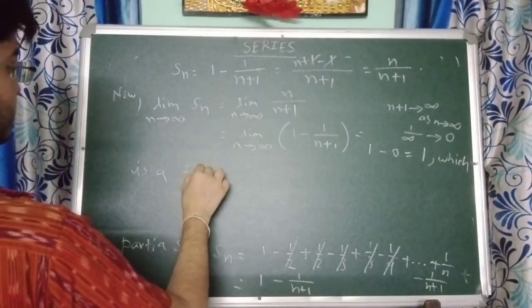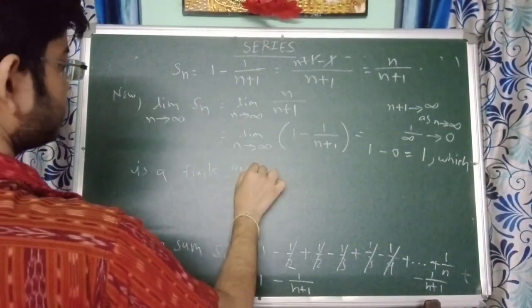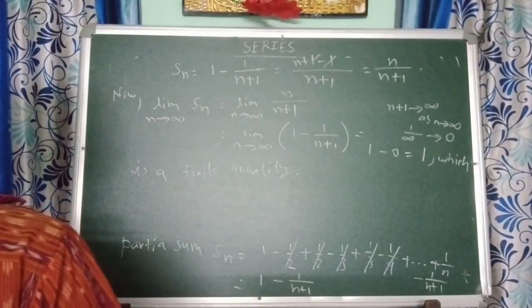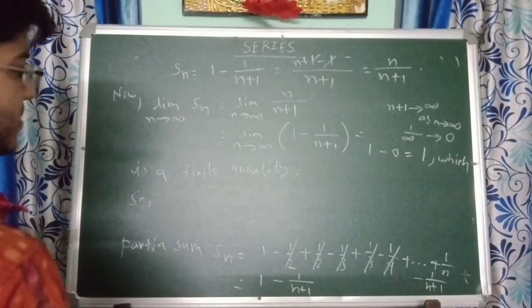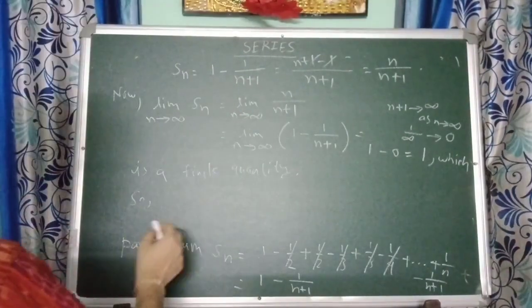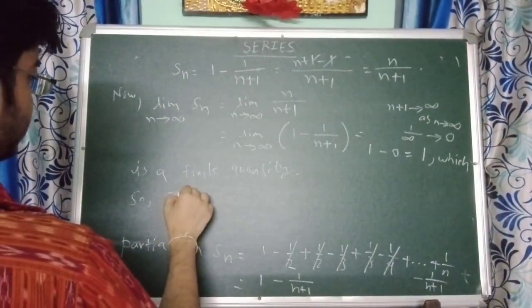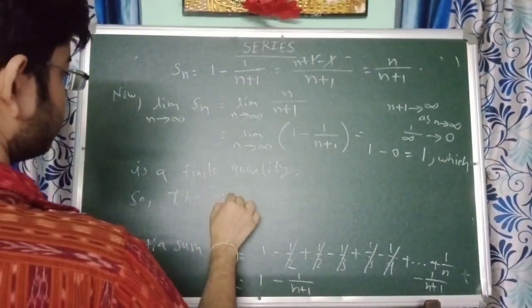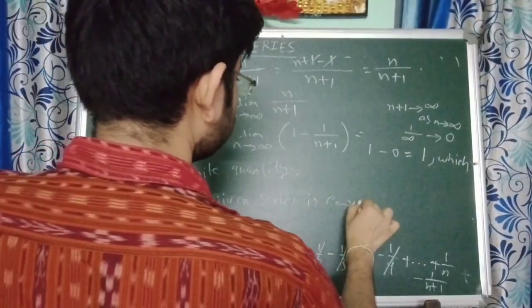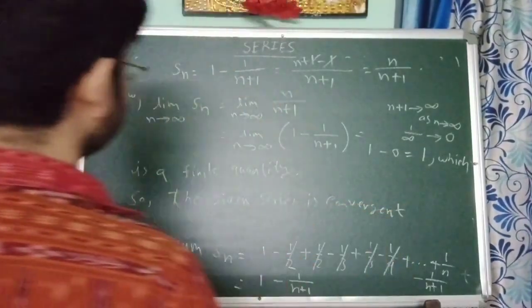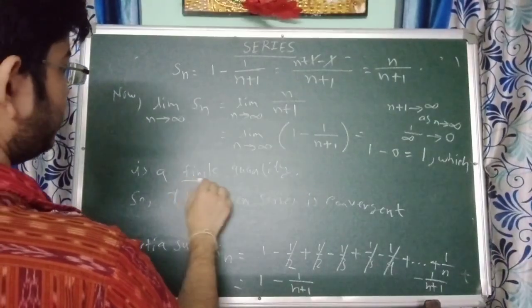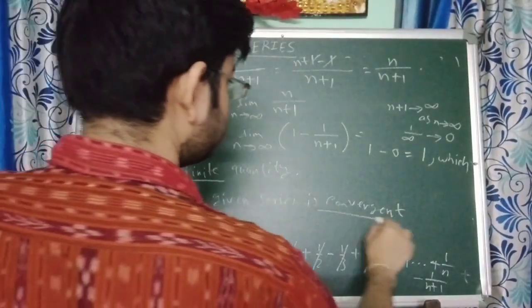By the definition of convergent series, we can say that the given series is convergent since the limit of the partial sum is finite. So the given series is convergent.